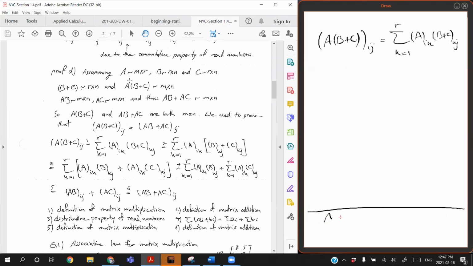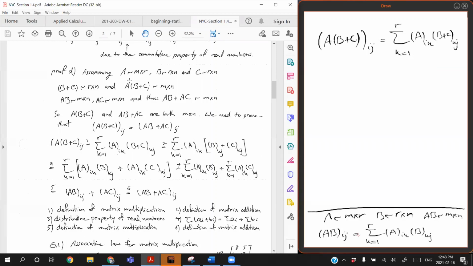So if we said that A is, let's say, M by R and B is R by N, then AB would be defined and it will be M by N. And the definition for the entry on the ith row and jth column of the product matrix is going to be sigma K from 1 to R, where R is this shared dimension, the number of columns of A, which is also the same as the number of rows of B, A I K times B K J. So that was the definition for matrix multiplication.